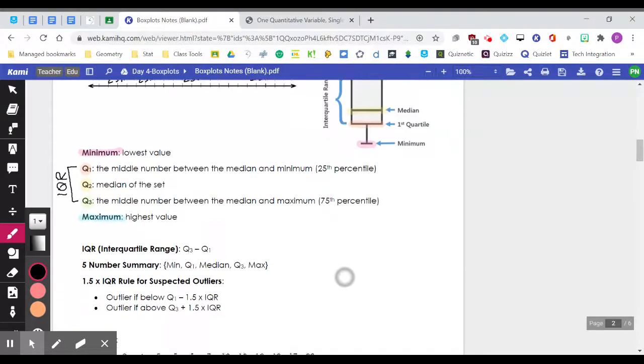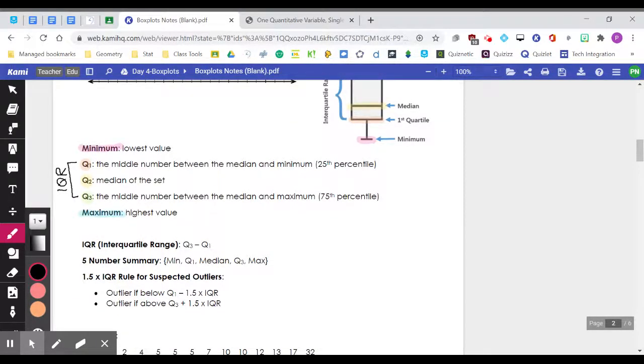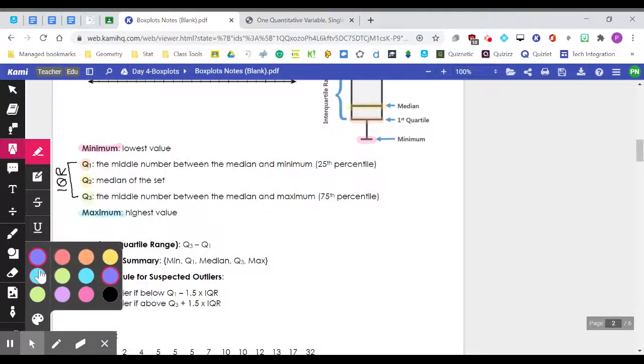And then we have the outlier test. So we have 2 formulas that we need in order to check to see if we have an outlier, because again, it could be either below or above the data set that we have. So it's going to be either below a certain number or above a certain number.